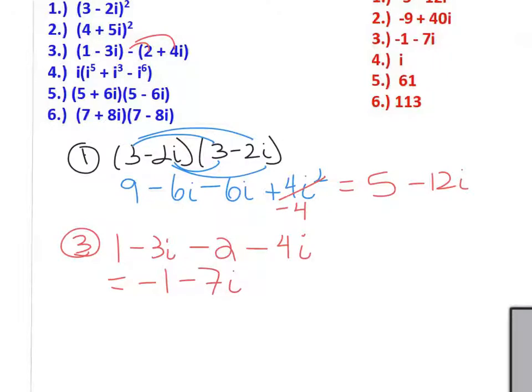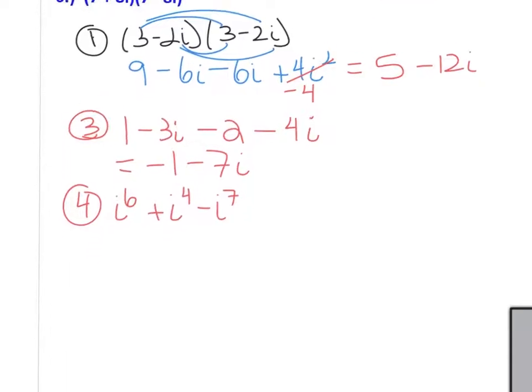For number 4, I would distribute the i first so that we get the most simplified exponent. So that's i to the 6th plus i to the 4th, minus i to the 7th.